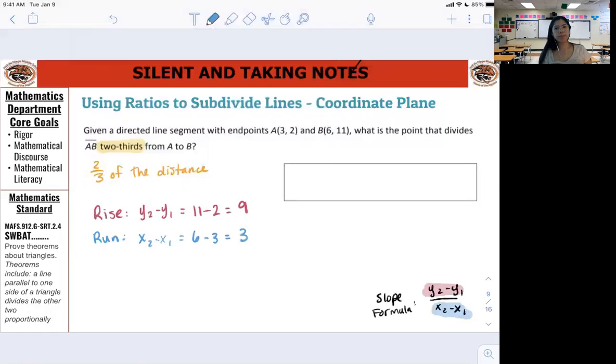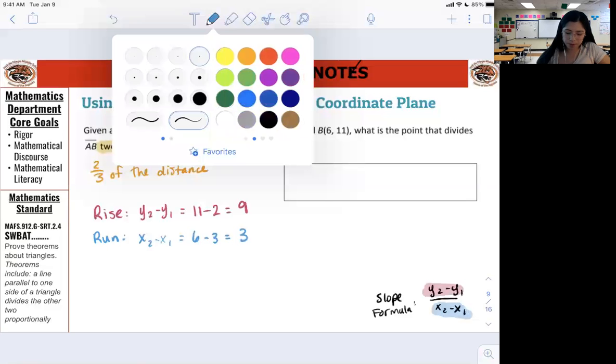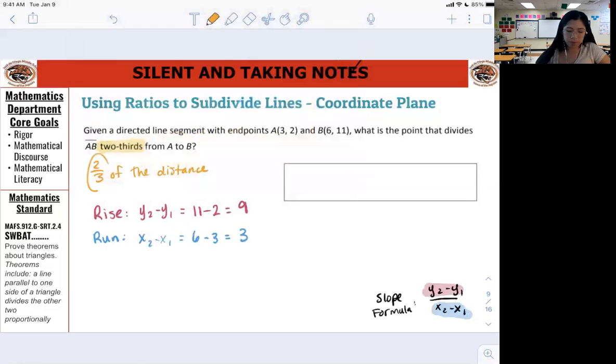What's the next step? Good. Now I got to take each of those numbers, multiply them by our ratio, 2/3. What do I get?